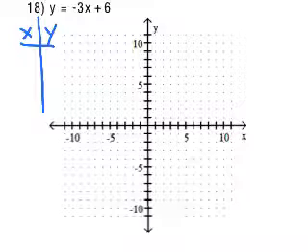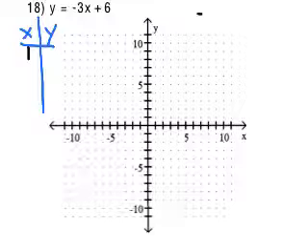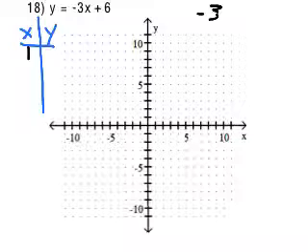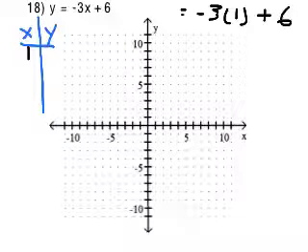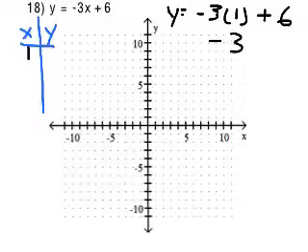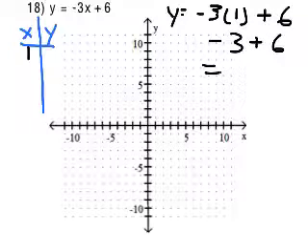If we put in a 1 for x, it would be negative 3 times 1 plus 6. That's going to equal our y. So this becomes negative 3 plus 6, which equals 3. So our first one is 3.